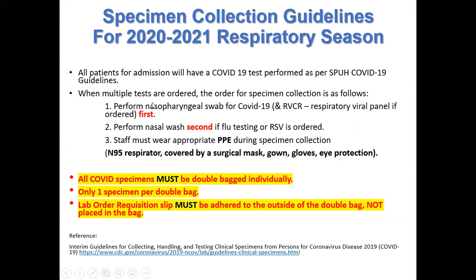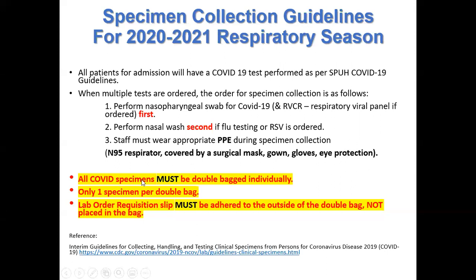When multiple tests are ordered, the order for specimen collection is as follows. First, perform a nasopharyngeal swab for COVID-19. Then perform a nasal swab. Second, if the flu test or RSV virus test is ordered, staff must wear appropriate personal protective equipment during the specimen collection, like an N95 respirator covered by a surgical mask, gown, gloves, and also eye protection.